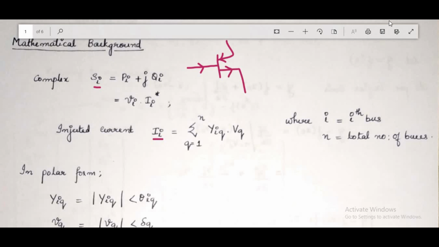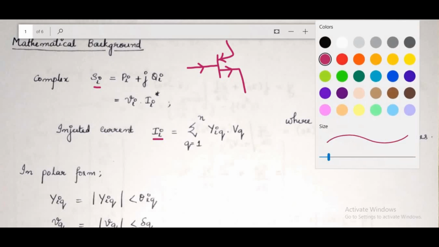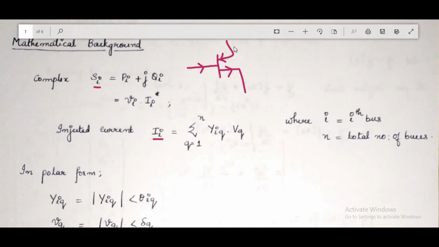So what is the total current of this particular bus? Total current will be this current plus this current minus this current, or rather we can say the current of a particular bus will be the sum of current injected to that particular bus.